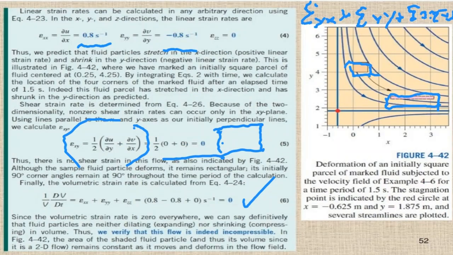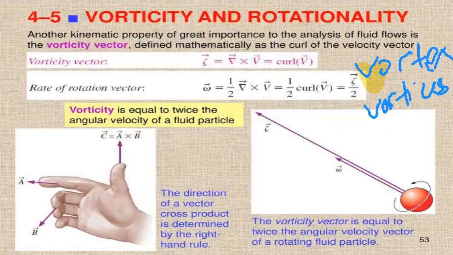So the behavior of the rotation is explained by the term vorticity. Vorticity is a value that tells you how much rotation is included in the fluid motion. Mathematically, it's double the rotation vector.